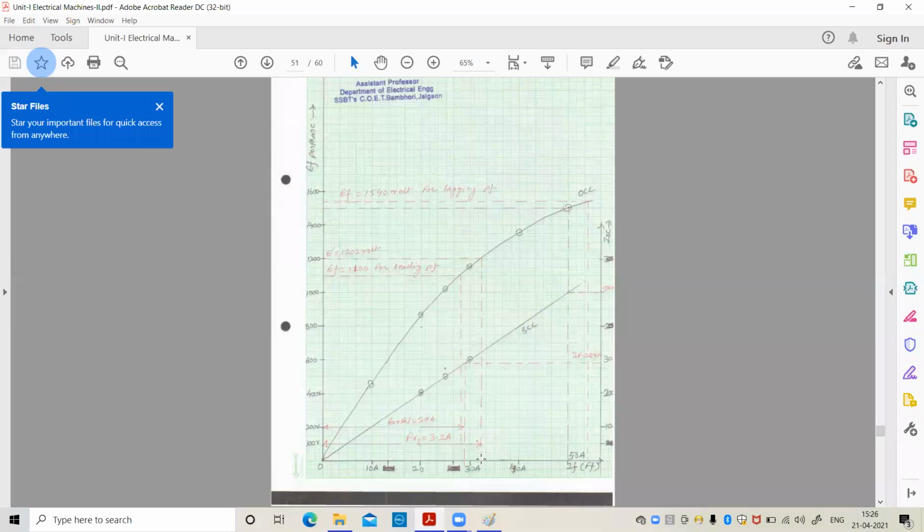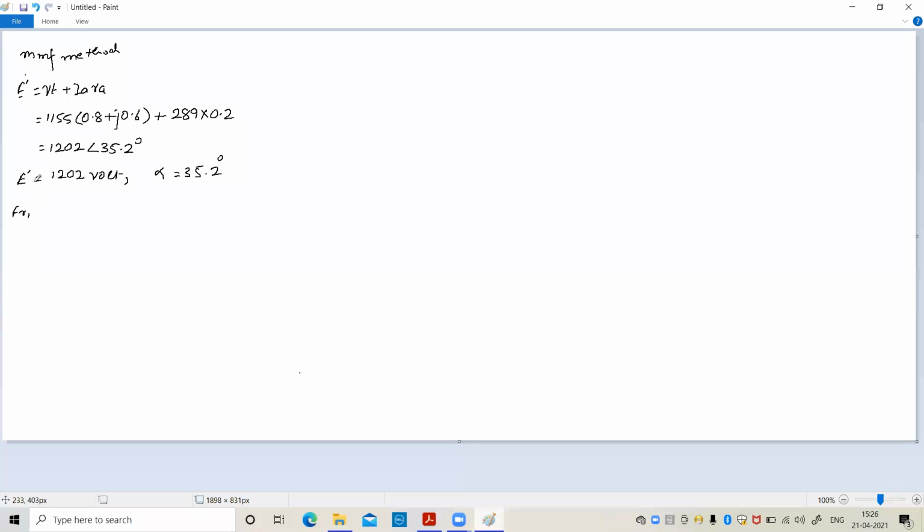The current is equal to 32 ampere. So we will write FR1 is equal to 32 ampere.